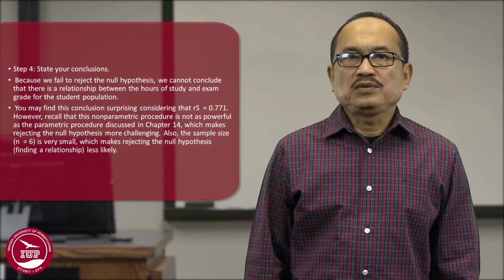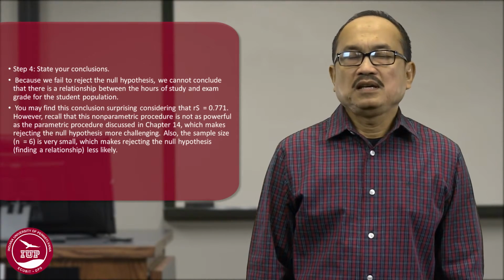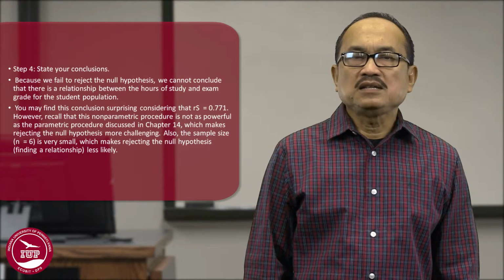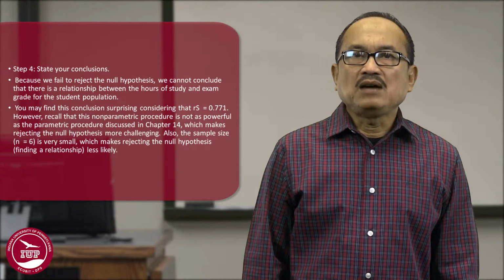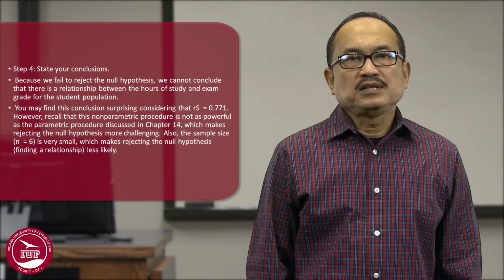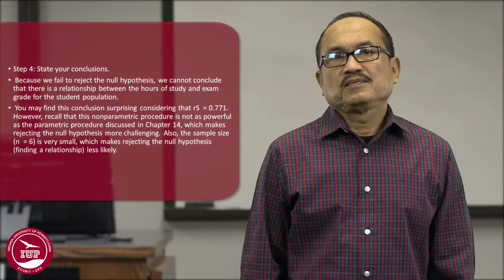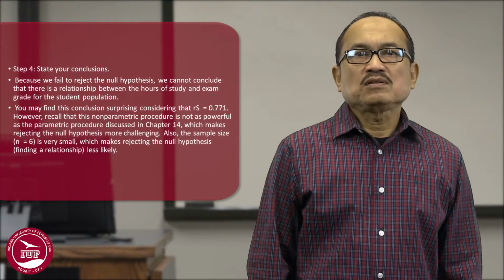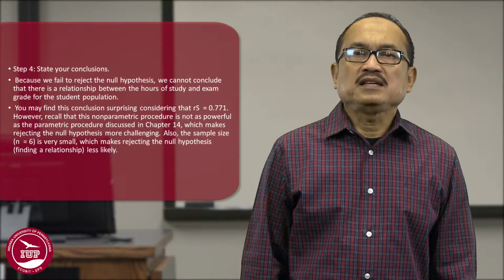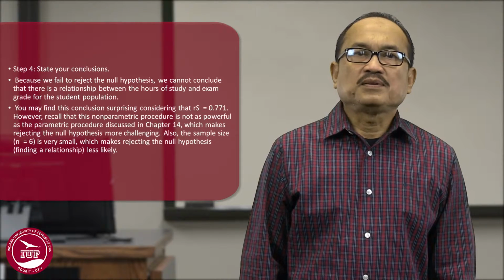Because we fail to reject the null hypothesis, we cannot conclude that there is a relationship between the hours of study and exam grade for the student population. You may find this conclusion surprising considering that rs equals 0.771.